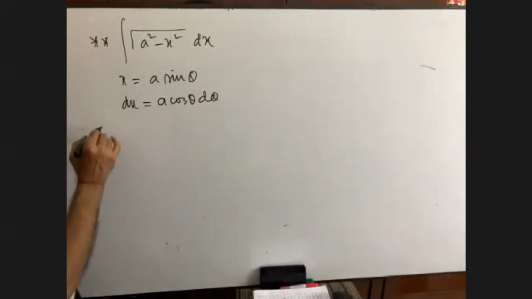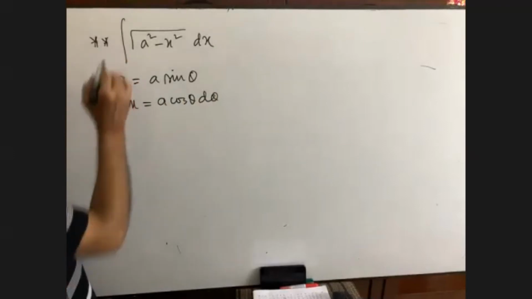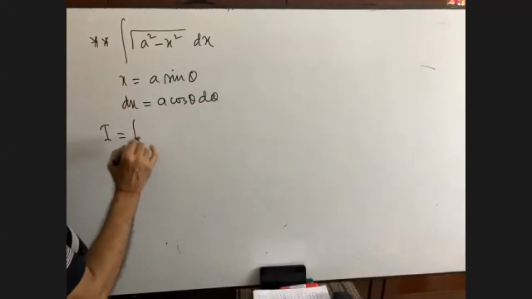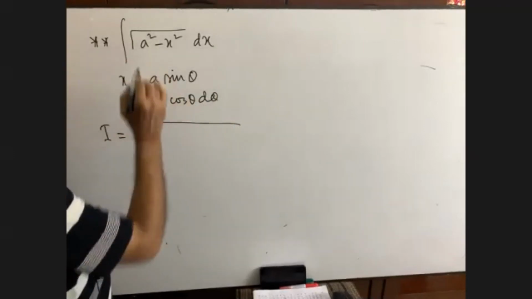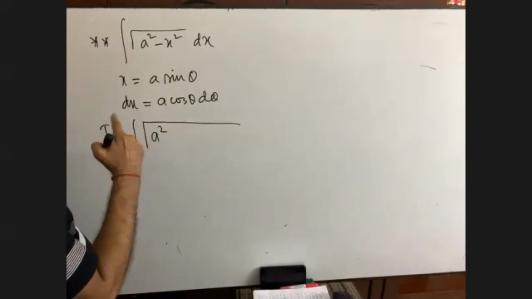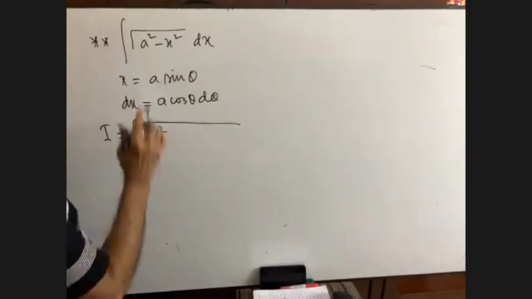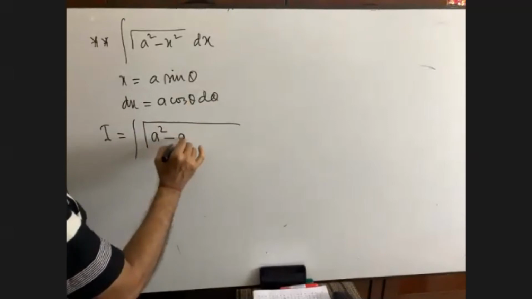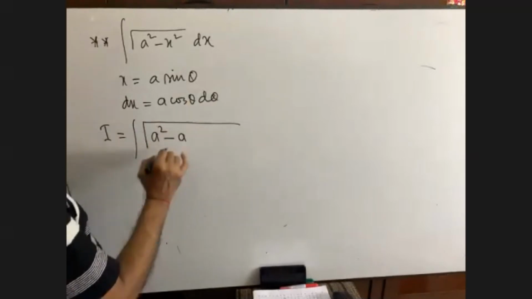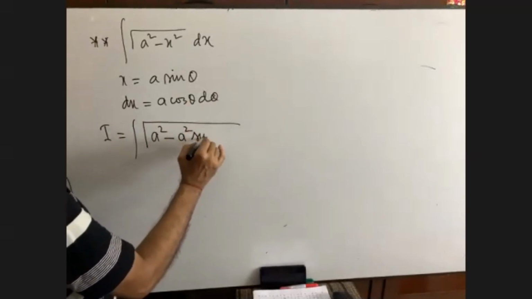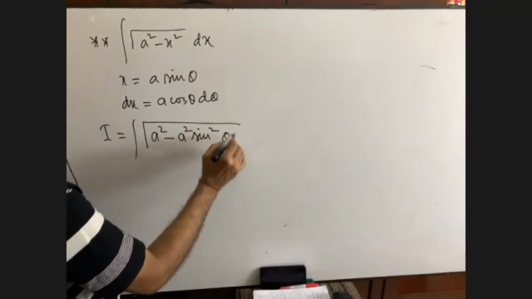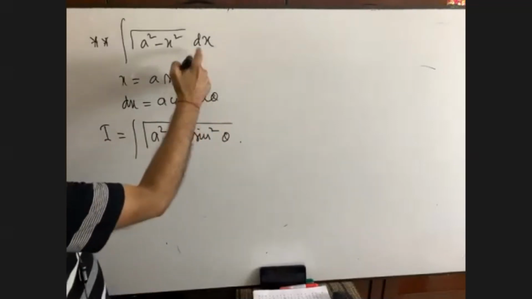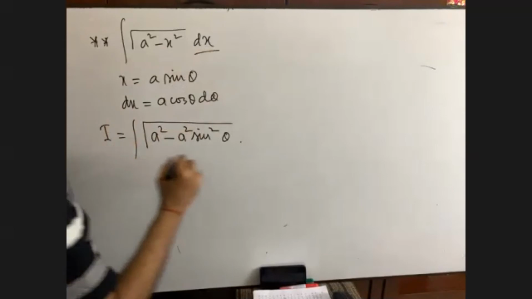So we are getting I for integration is equal to root over a square. Please, it is the important math. X equals to what? X equals to a sine theta. That means a square sine square theta. Now see, there is dx. What is the value of dx?